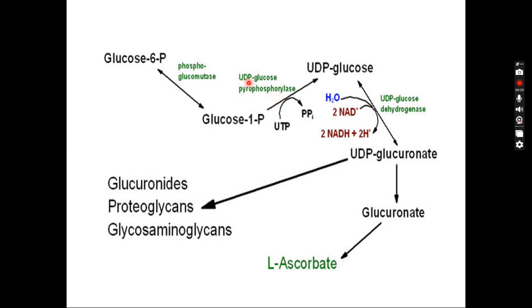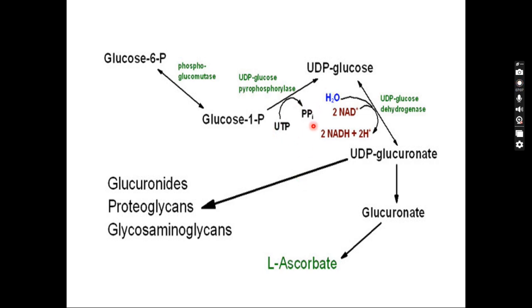Then we have the enzyme called uridine diphosphate glucose pyrophosphorylase. This enzyme acts on glucose 1-phosphate and produces what is called uridine diphosphate glucose. And this will be our starting molecule in the uronic acid pathway.